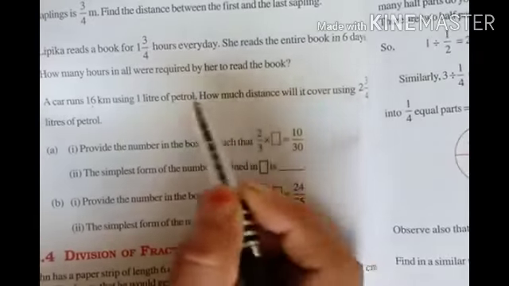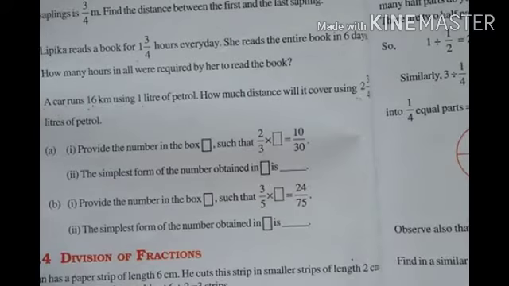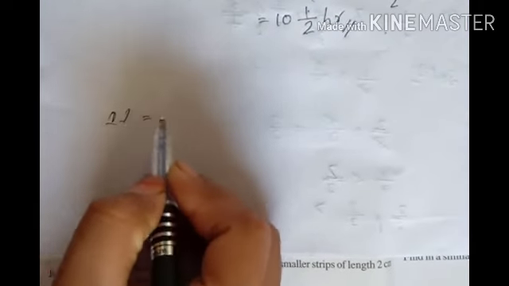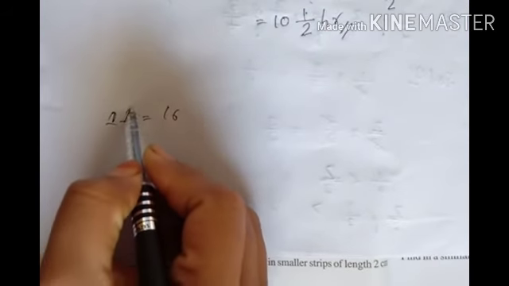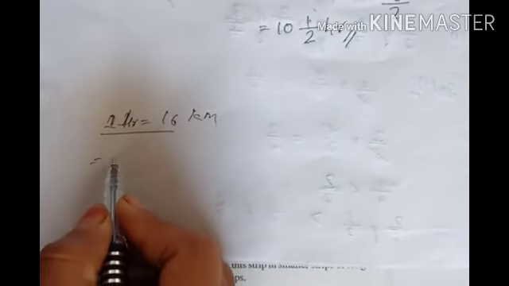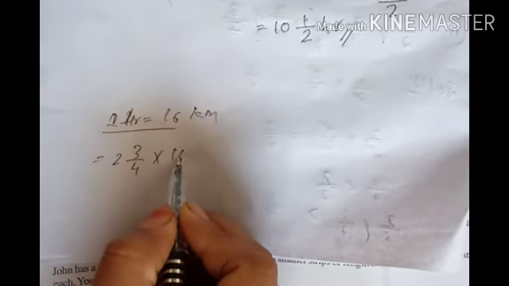You will multiply 16 with 2 3 upon 4. This question is your homework, because in 1 liter the distance is 16. Now you have to find for 2 3 upon 4 liters. That means you will multiply, convert and solve. So this question is your homework.